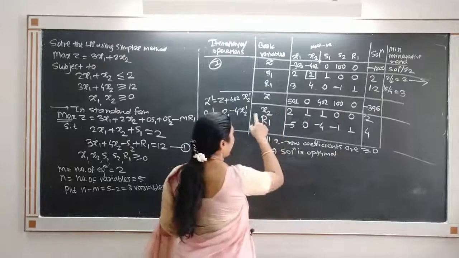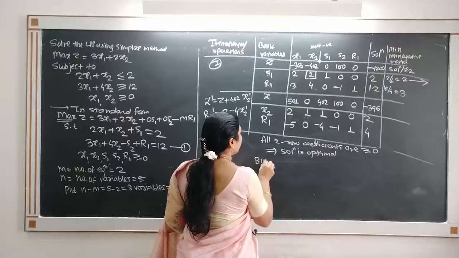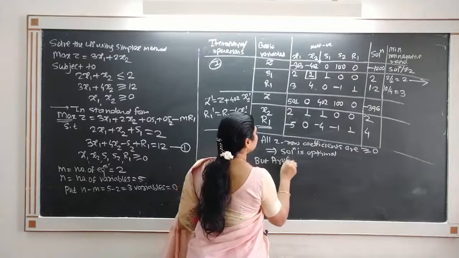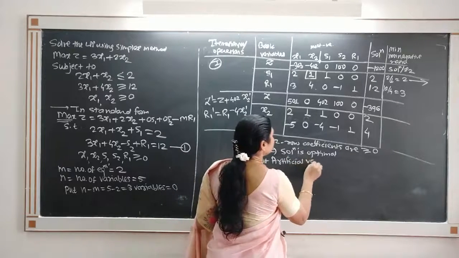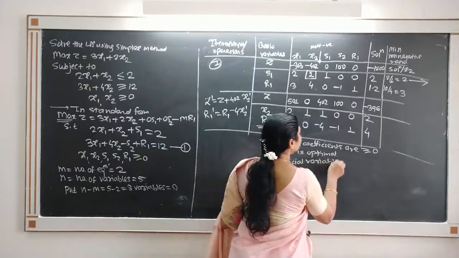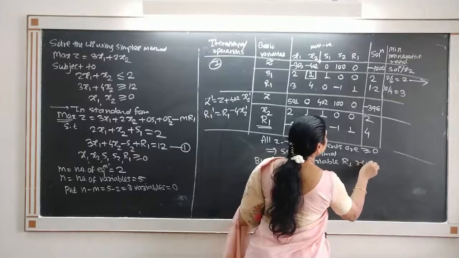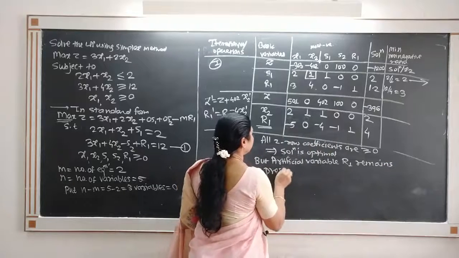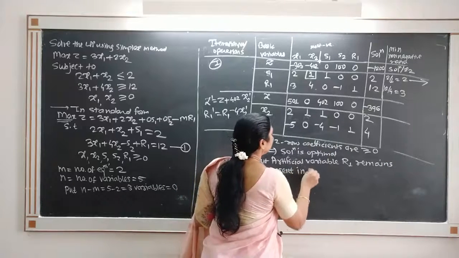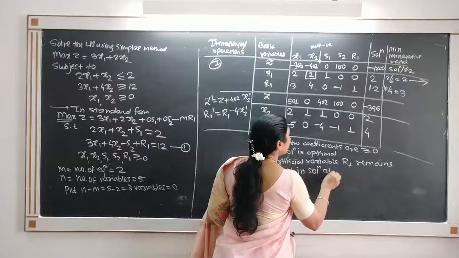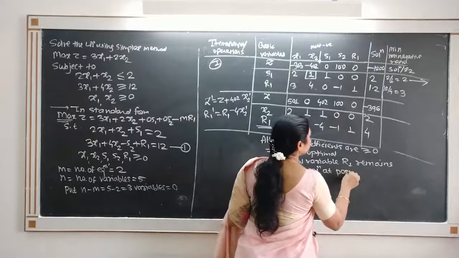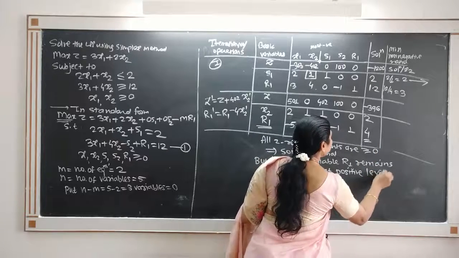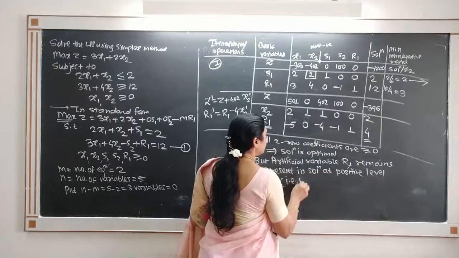But observe that the artificial variable R1 remains present in the solution at positive level because the value of R1 comes to be 4. That is, R1 is equal to 4.